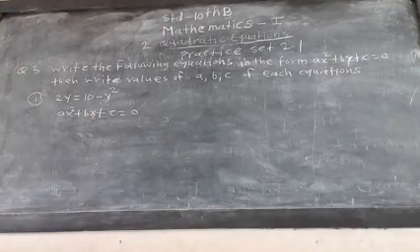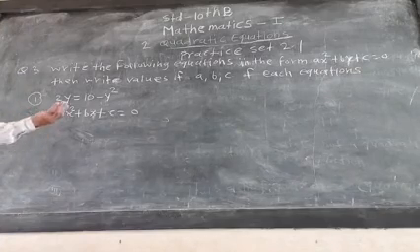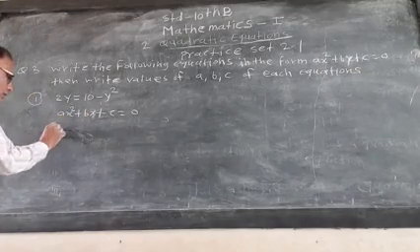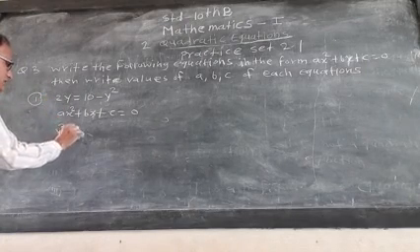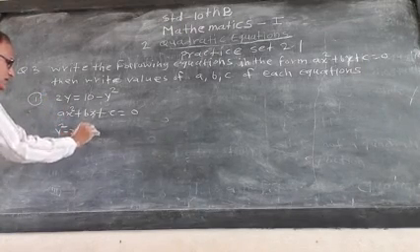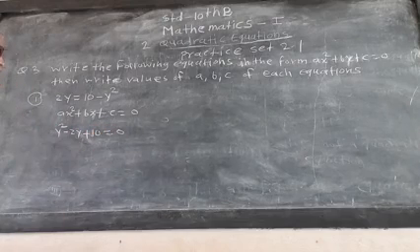Now see here, we take everything to one side: y square minus 2y plus 10 equals 0.